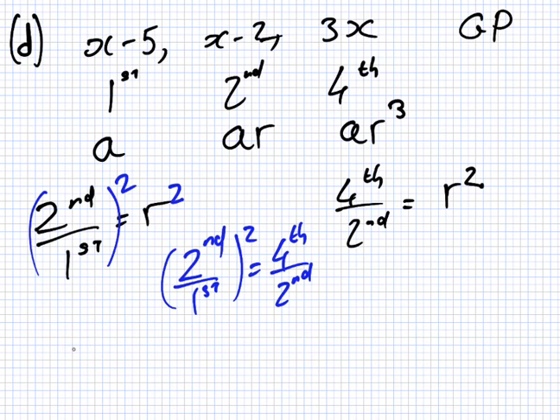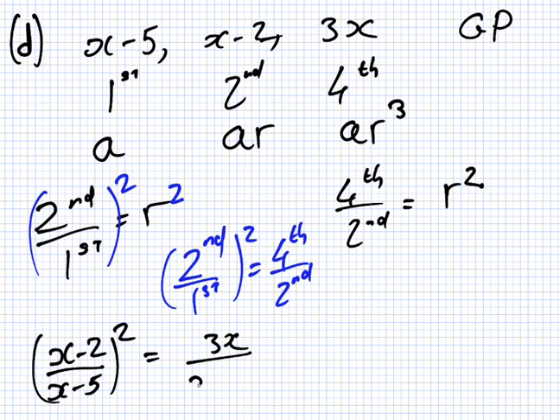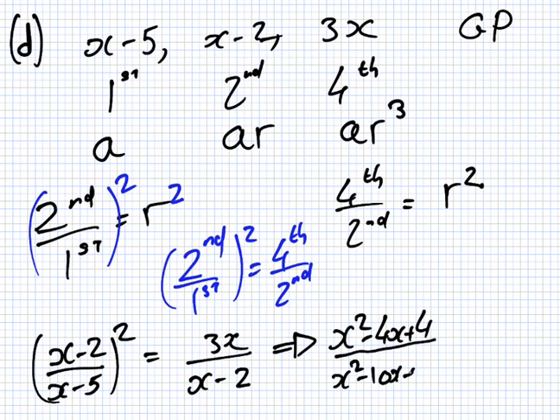Now it's going to be ugly. I'm telling you this now. x minus 2 over x minus 5 squared equals 3x over x minus 2. Is that right now? Yes. That means x squared minus 4x plus 4 over x squared minus 10x plus 25 equals 3x over x minus 2.